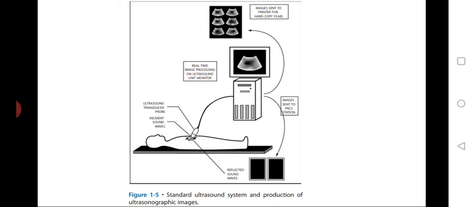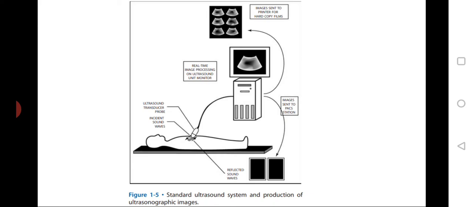So when there is some difference in density, for example, bone, lung, or even smaller different densities, like for example we have some fluid collection, some hematoma, some inflammation, some fluid in the place that should not be, and so on, we can see it through the ultrasonography.